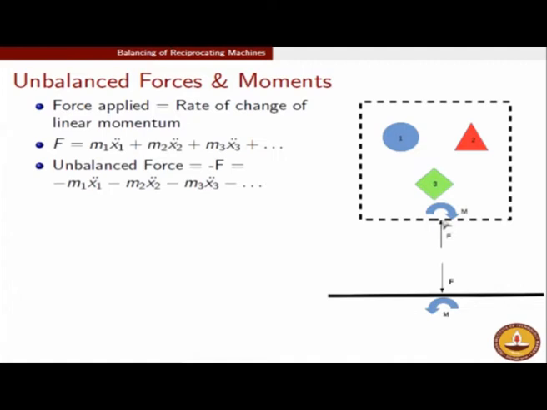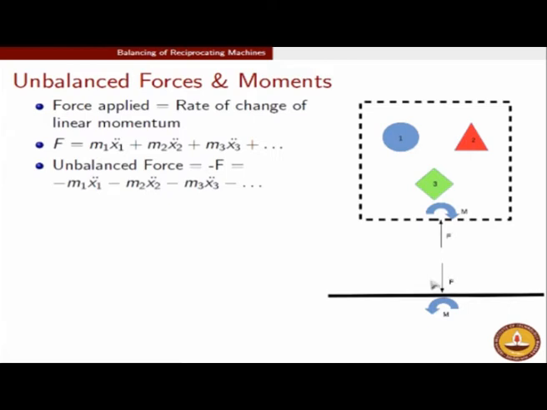Therefore the unbalanced force, which by definition is the force that hits the static part, the frame of the machine, is going to be minus F. We already know F is m1 x1 double dot plus m2 x2 double dot plus m3 x3 double dot, so minus F would be minus m1 x1 double dot minus m2 x2 double dot minus m3 x3 double dot.